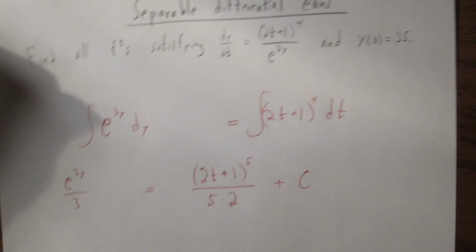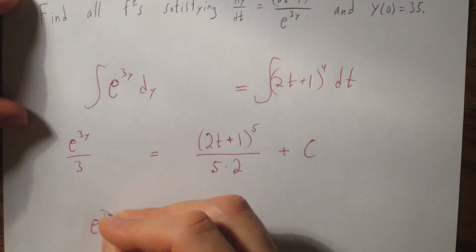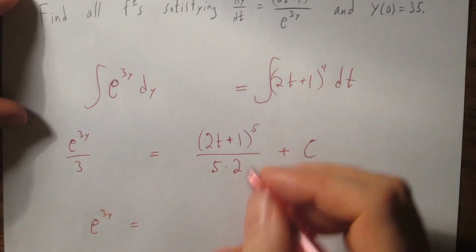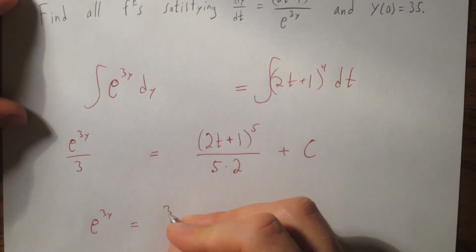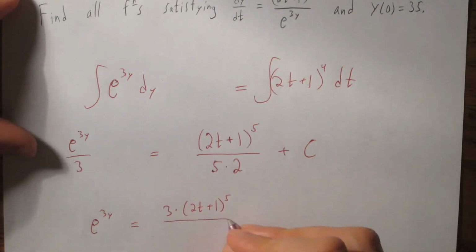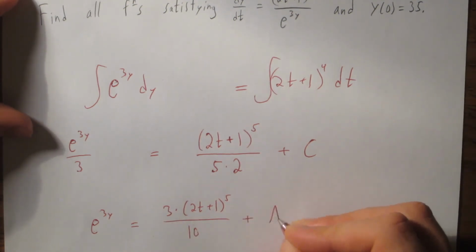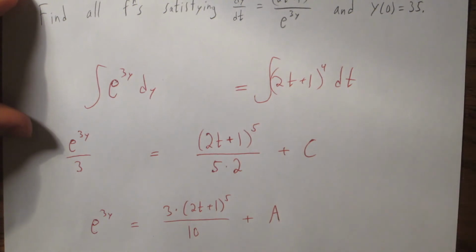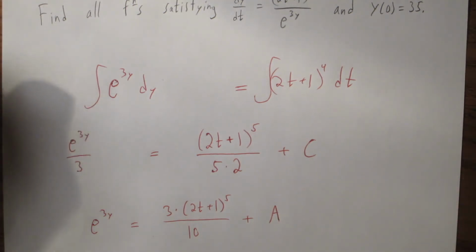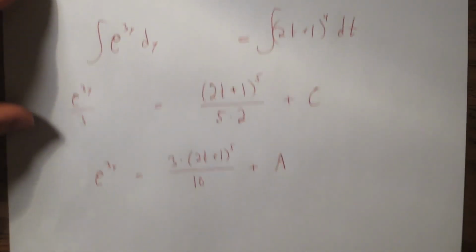Now we want to make y alone. So we can first, of course, move the 3 over to the other side, multiply everything by 3. Instead of 3c, I will just write a, since c and a anyway are just arbitrary constants, why not be lazy and just write a?